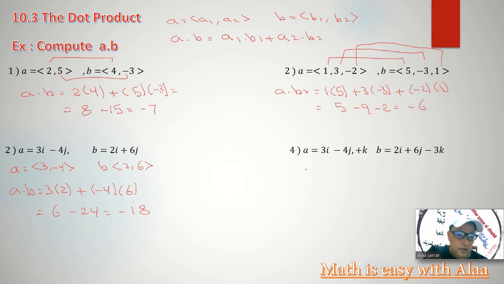Fourth example, same. A equals (3, -4, 1) and B equals (2, 6, -3).